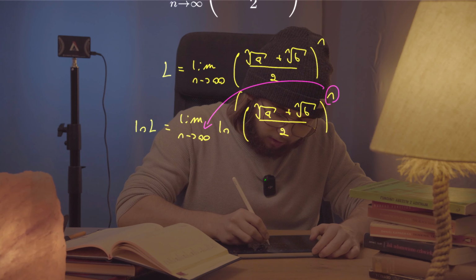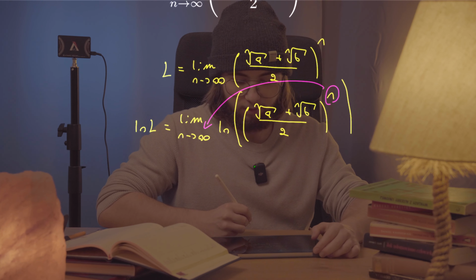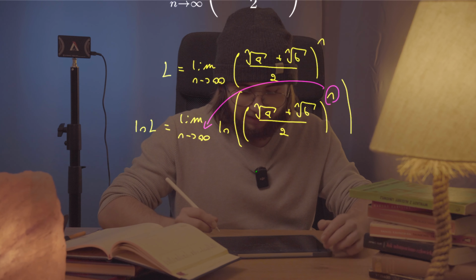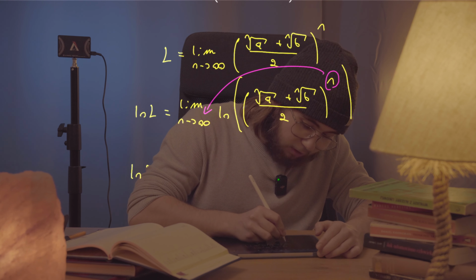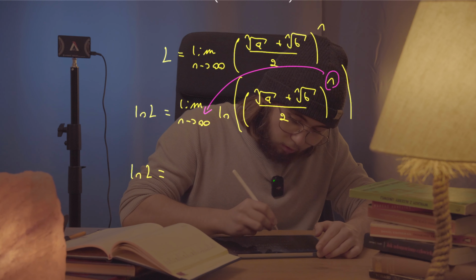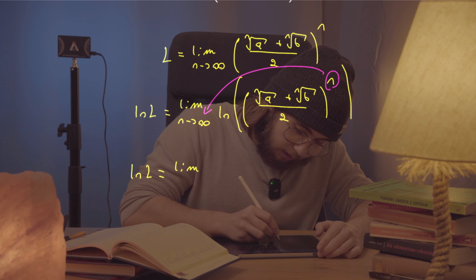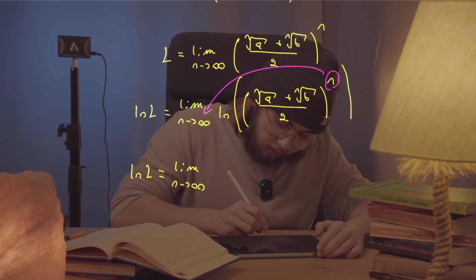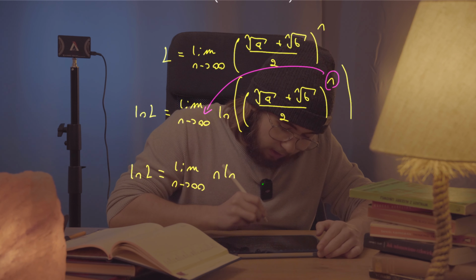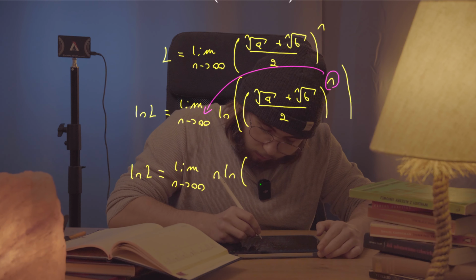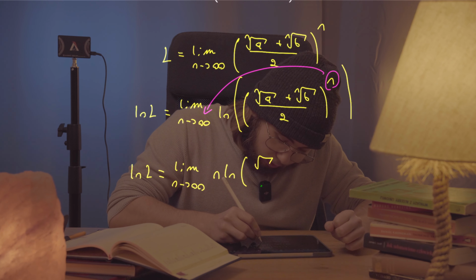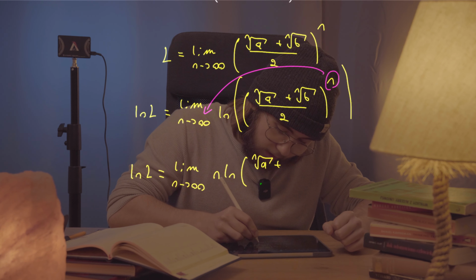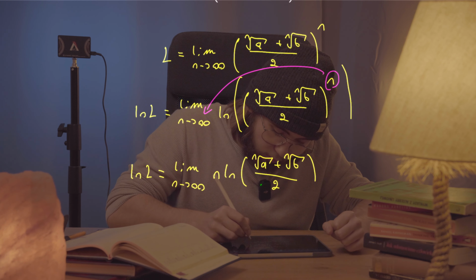And I also should have put it under parentheses. Now it's better. So now we can write the natural log of L as being equal to the limit as n goes to infinity of n multiplied by the natural log of the square root of the nth root of a plus the nth root of b all over 2.